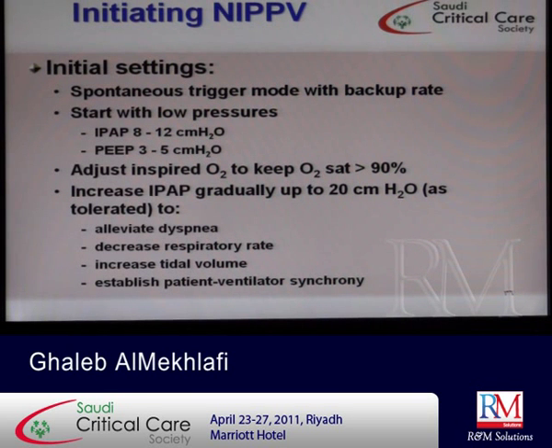Then you will increase the IPAP gradually up to 20 centimeters as tolerated to achieve these goals. The goals of non-invasive pressure ventilation are to alleviate dyspnea, decrease respiratory rate, increase tidal volume, and establish patient ventilator synchrony.